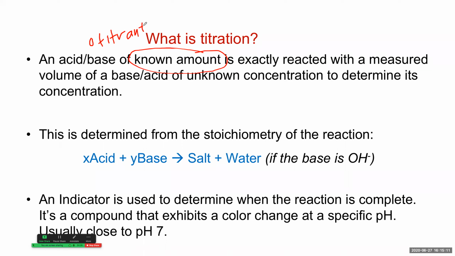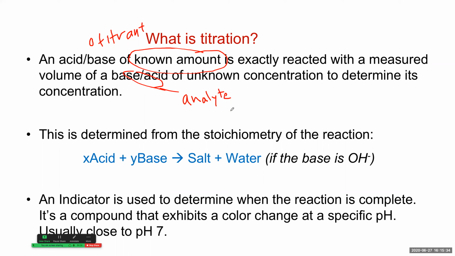And the substance that you're titrating, this is what we're titrating to discover the concentration of. This is called the analyte. Okay, so the analyte is the unknown substance, and the titrant is the known substance.